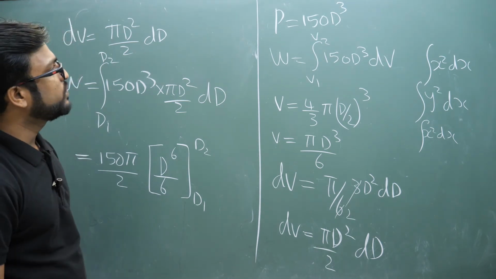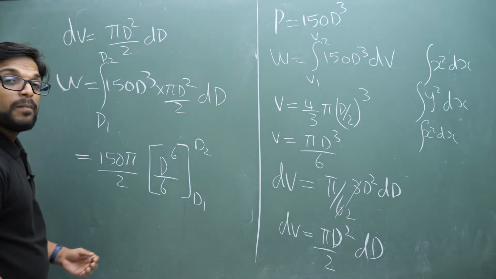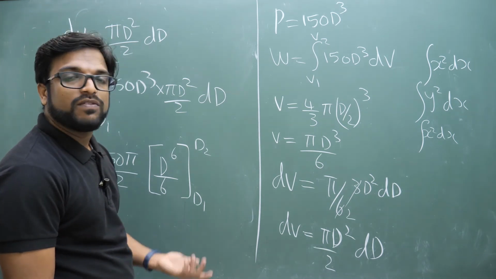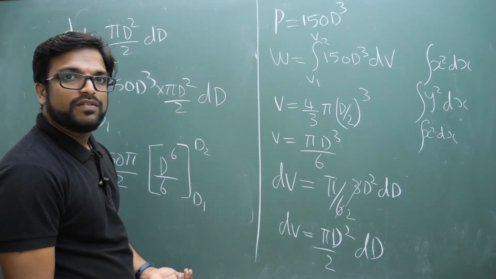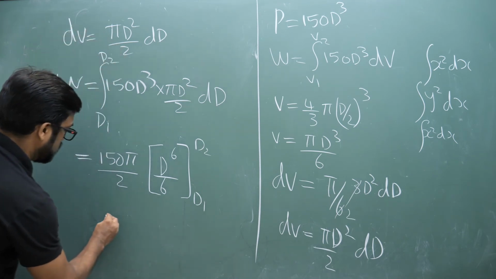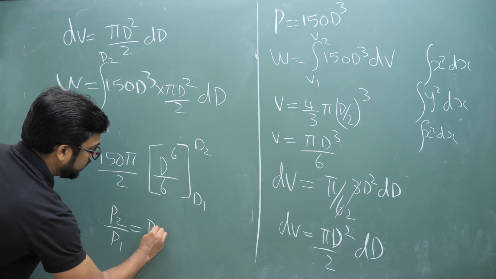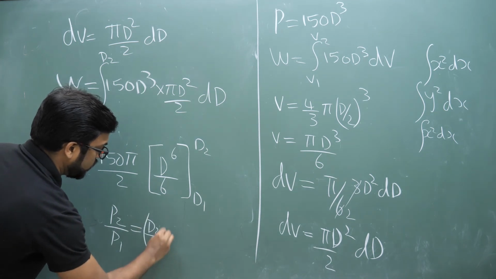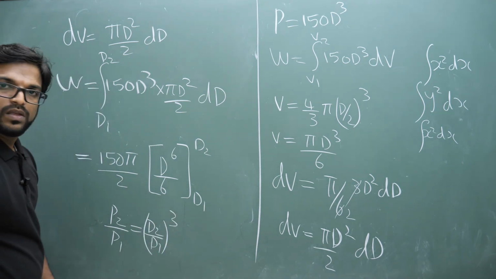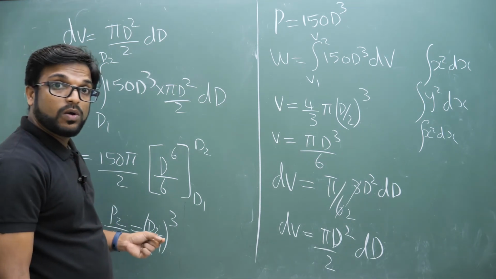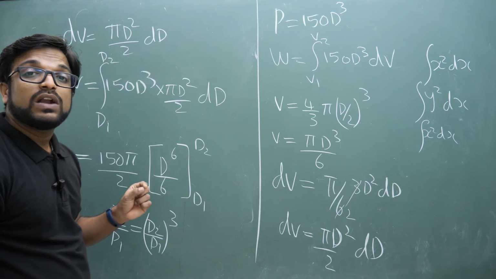For finding d2, we have P is equal to k d cube, right? So I can write P2 by P1 is equal to (d2 by d1) whole cube. By solving this, I know P2 is 450 kilopascal and P1 is 150 kilopascal.